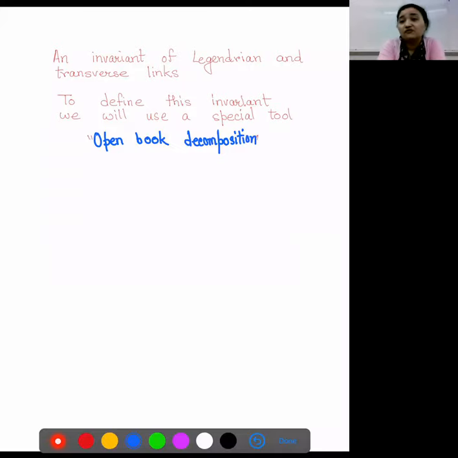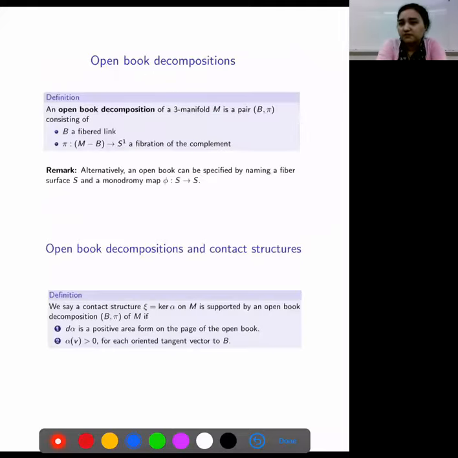Before I say why, we need to know about open book decompositions and the definition. An open book decomposition of a three-manifold is a pair consisting of a fibered link and a fibration of the complement. I should mention there is another notion of open book, known as the abstract open book.